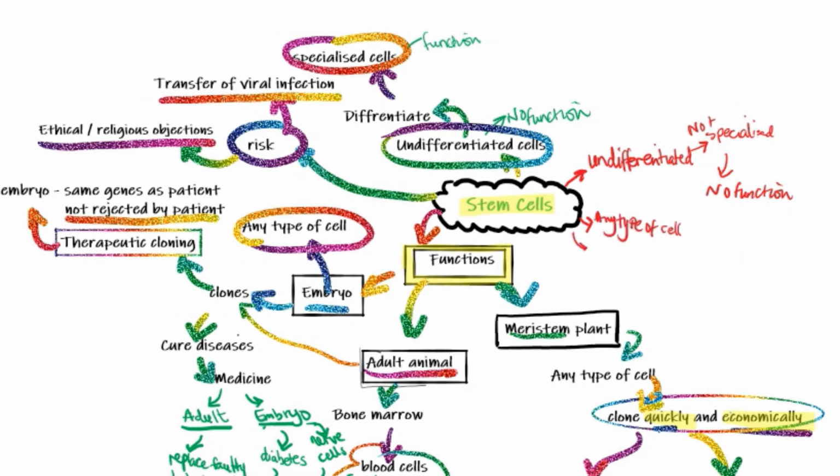You should also think of certain type of cells and stem cells in plants. Any type of cell should link it to the embryo. Certain type of cell should link it to the adult stem cell, and the plant should link it to the meristem. Think of all of these three.